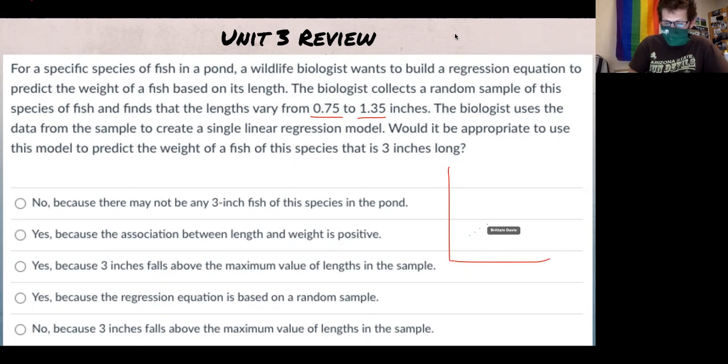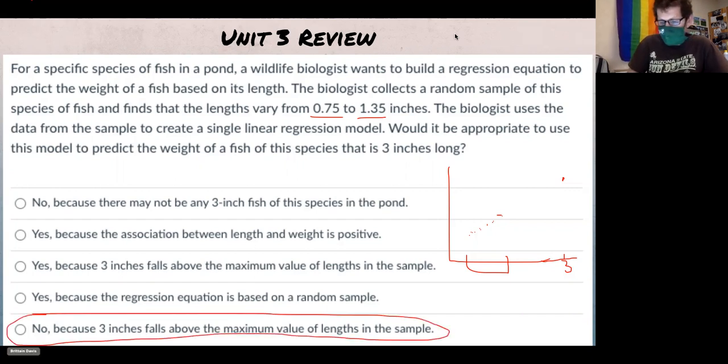So we're going to assume there's a positive relationship. But here's our data right here. And they're saying, what if you had 3 inches on this fish? Could you estimate the value? But that would not be appropriate because this far exceeds the maximum value of lengths in the sample. So E is the answer here. And it's basically saying don't extrapolate, that's bad.